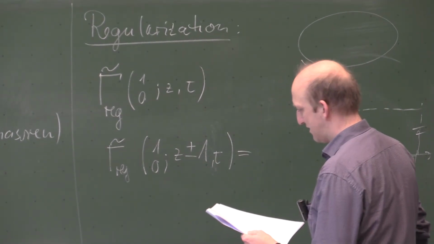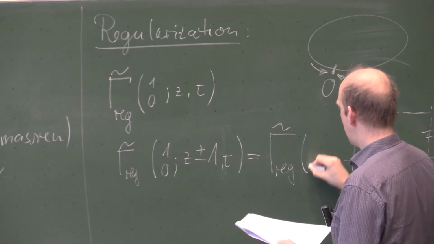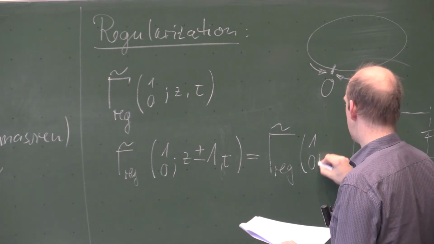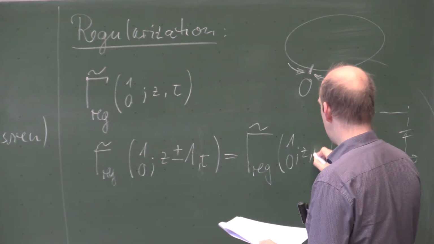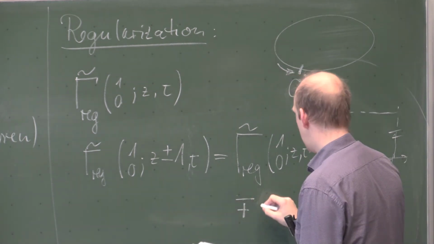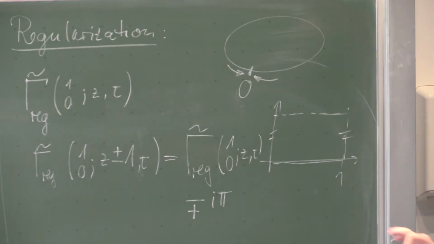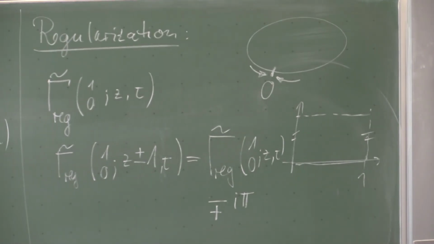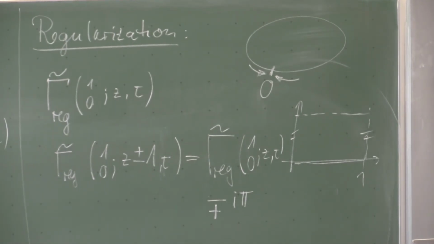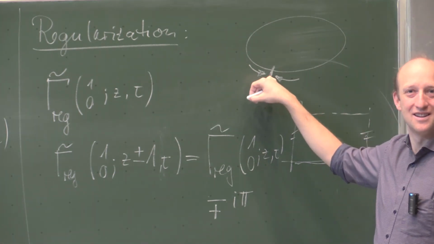This is nothing else than the regulated integral at 1, 0, z and tau minus plus I pi. So in short, you will get correction factors of pi I, which correspond to half a circle if you demand that you approach the limit always from the correct direction.